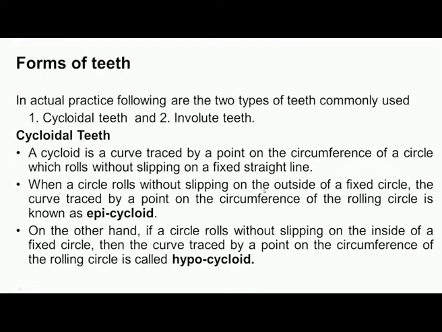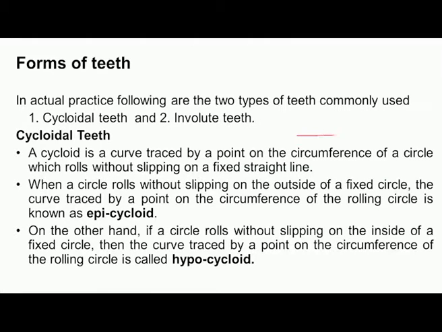The different forms or profiles of teeth normally used are cycloidal teeth and involute teeth. The cycloidal profile is a curve traced by a point on the circumference of a circle which rolls without slipping on a fixed straight line.